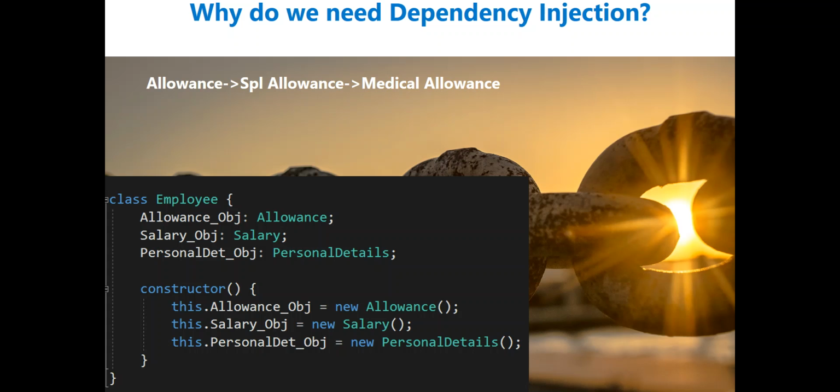Again I repeat, dependency carrying is when an object takes one parameter in one of its methods that it doesn't need itself, but is needed by one of the objects it calls to carry out its work. For example, let's think medical allowance needs a property called config from the employee object or allowance object. Though the special allowance doesn't need this property called config, it has to pass it through to medical allowance, which is not a right approach, right?